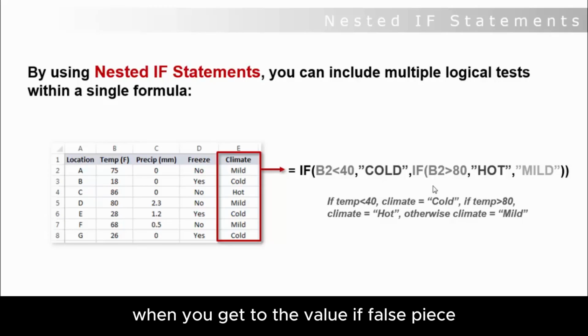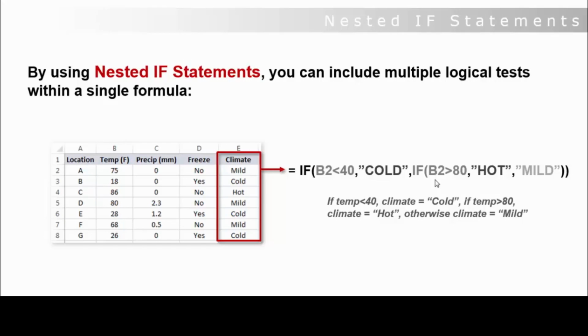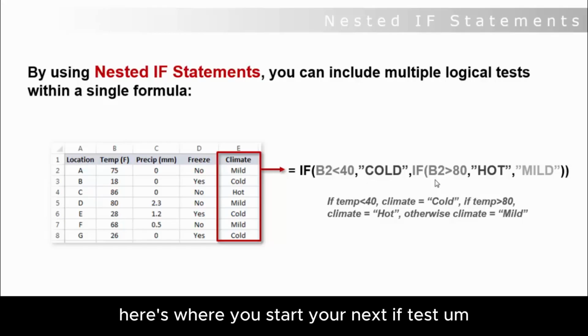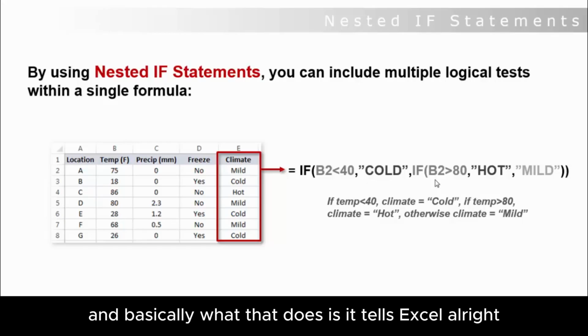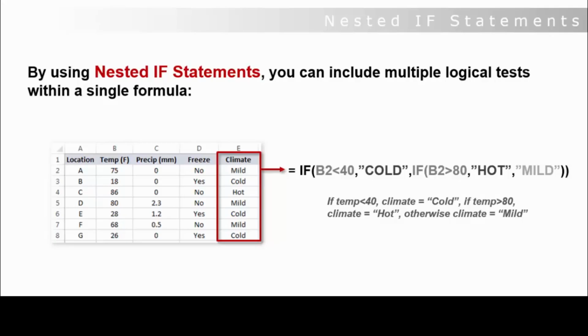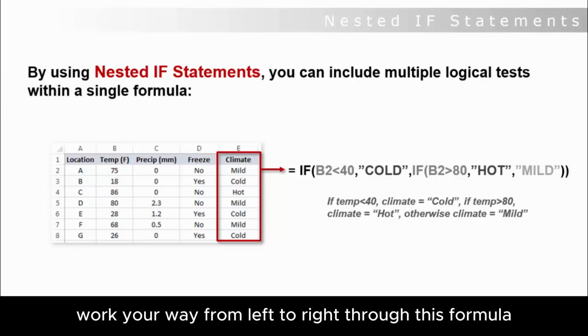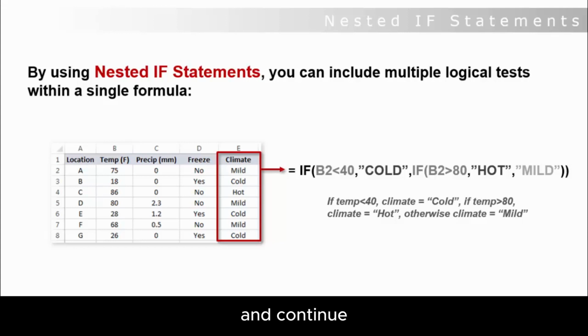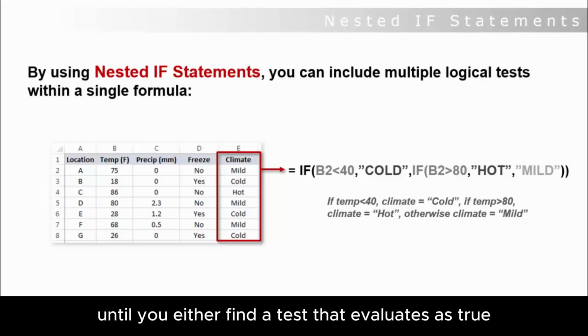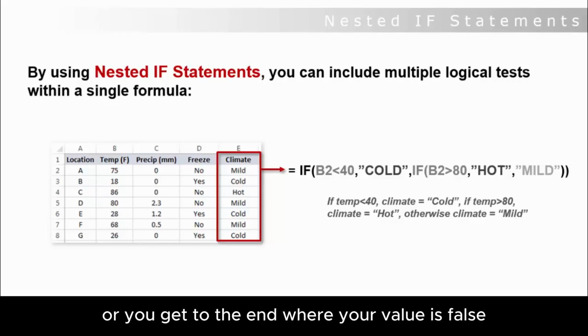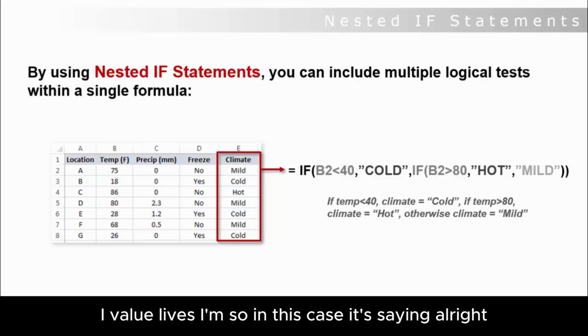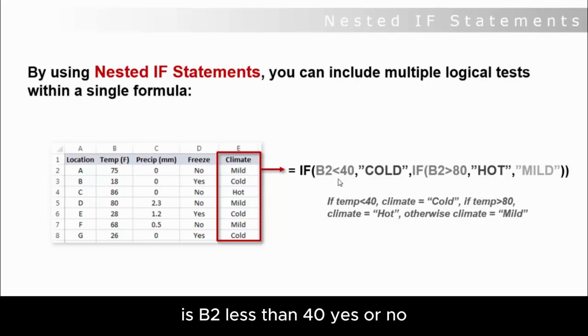Now here's the catch. When you get to the value if false piece, here's where you start your next if test. And basically, what that does is it tells Excel, all right, logically work your way from left to right through this formula and continue until you either find a test that evaluates as true or you get to the end where your value if false lives. So in this case, it's saying, is B2 less than 40, yes or no?